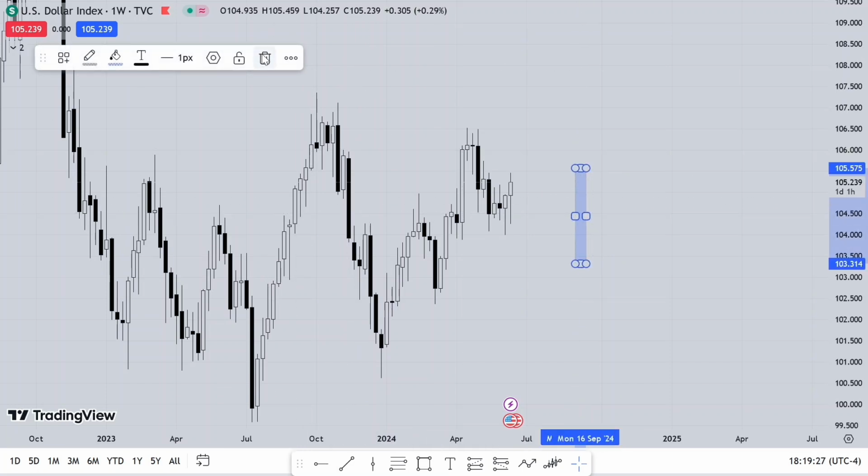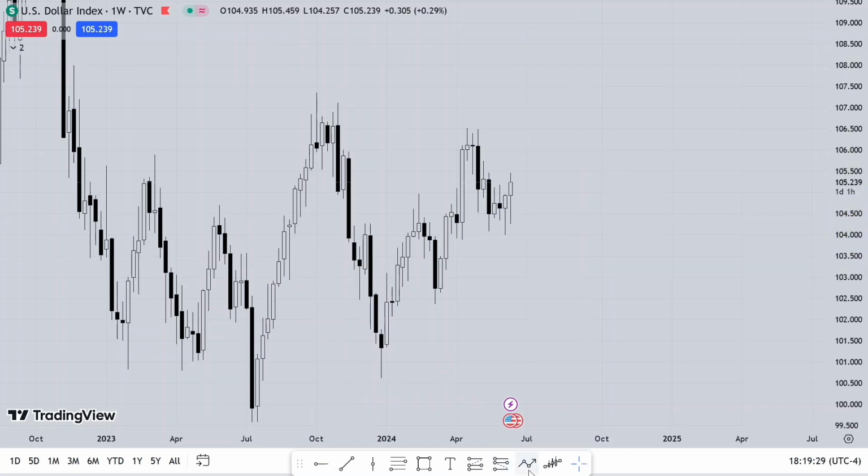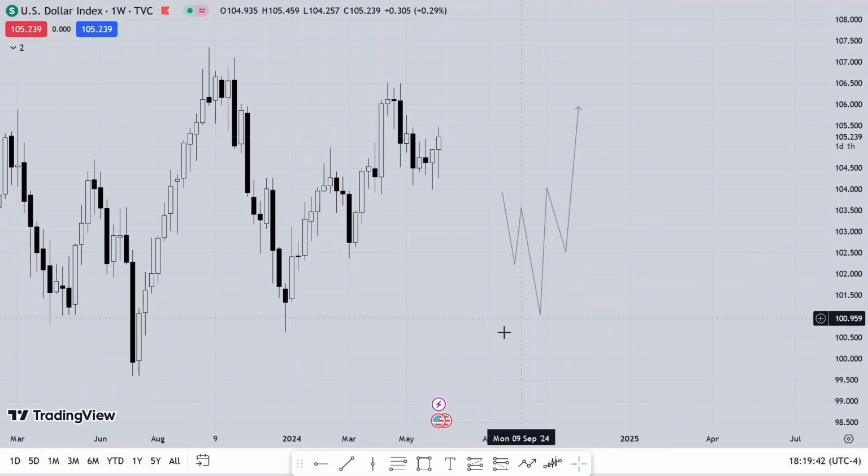And these swing highs and swing lows are where traders generally put their stop loss. This is a swing low, with two higher highs at its side.